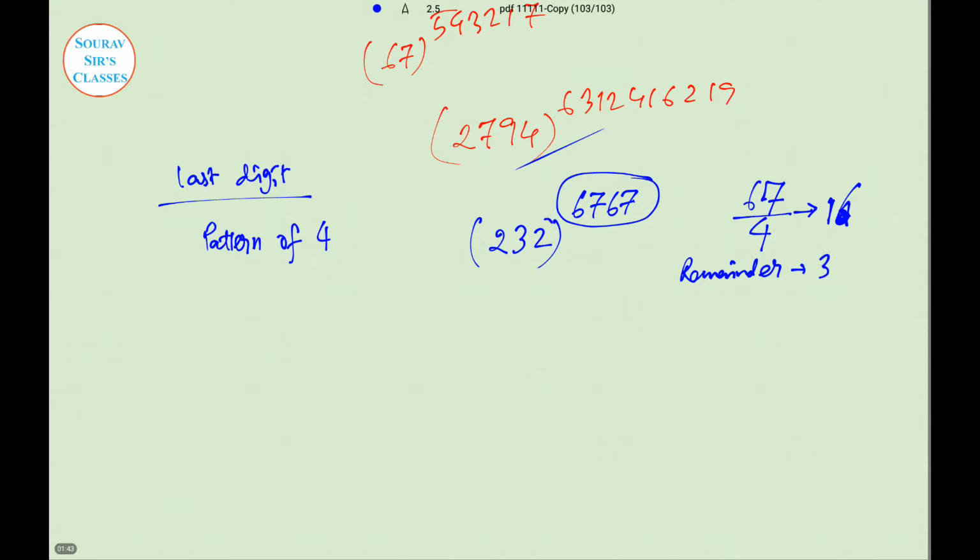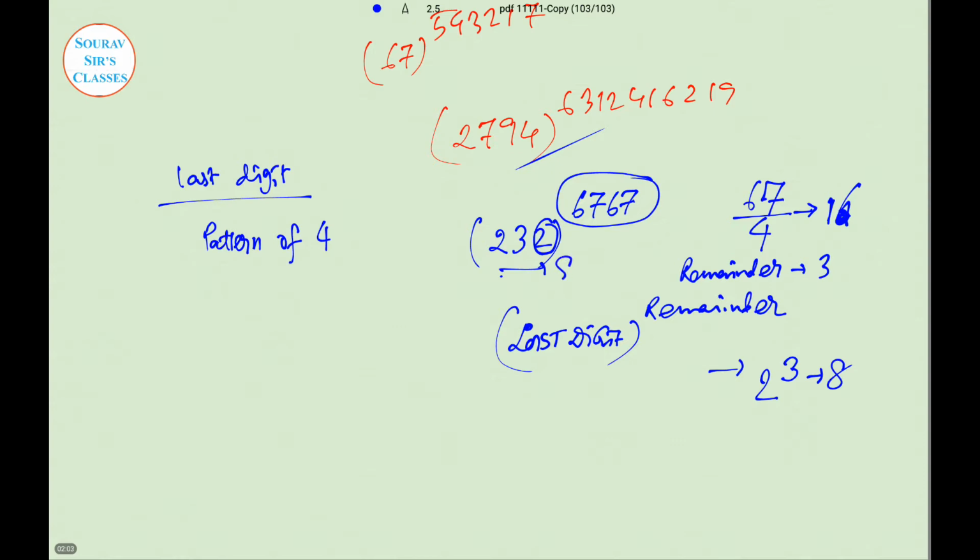Now what is the last digit? 2. So the formula is: last digit to the power remainder. Now this is applicable for all. So the last digit is 2 to the power 3, so 8. So the last digit of this will be 8.